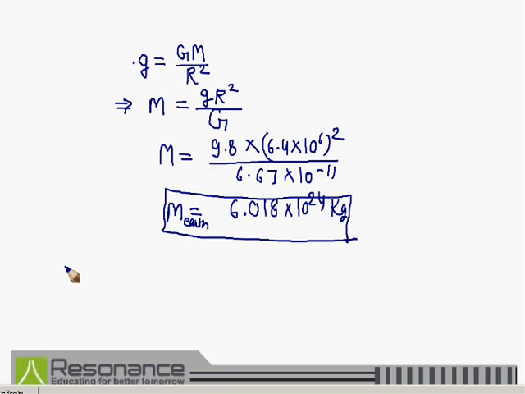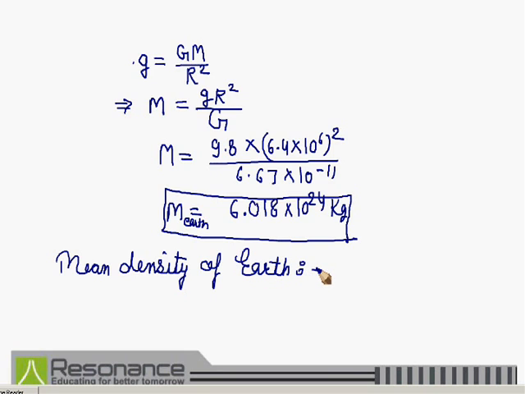Now, the mean density of earth. We know small g, which is the acceleration due to gravity, is given by G M upon R square.